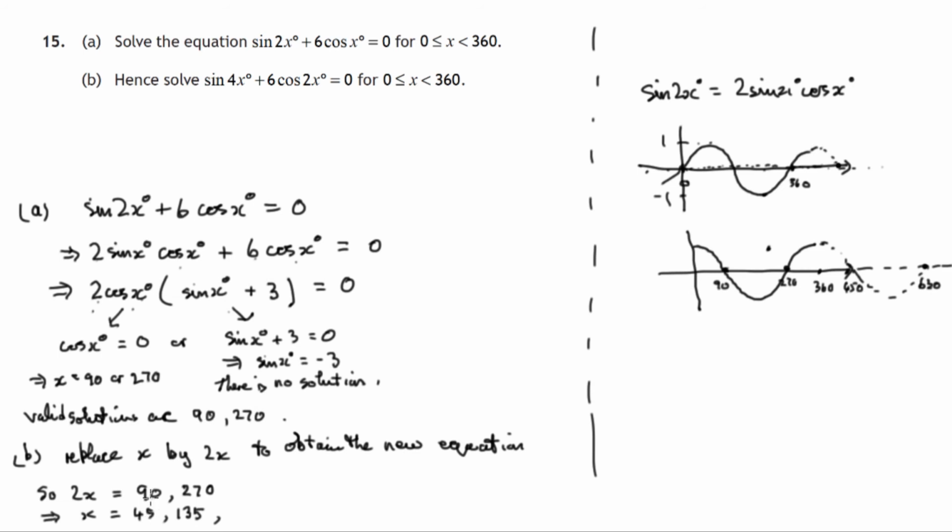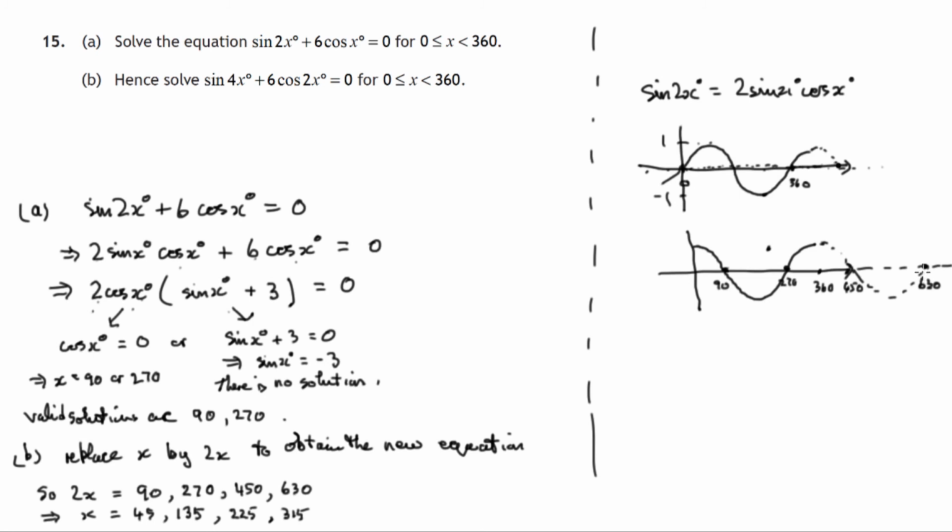So 90 halved is 45, but if I add 360 to that, I get 450. That's in the next cycle. Halving that's 225. That'll be a perfectly valid solution. And then adding 360 to this 270 is 630. And halving that gives me 315, which still is less than 360.